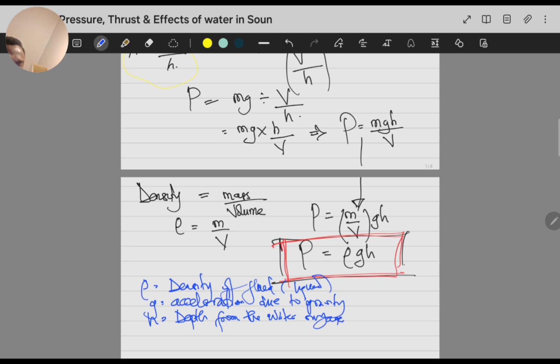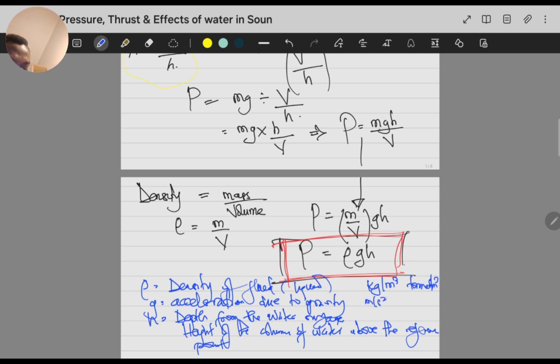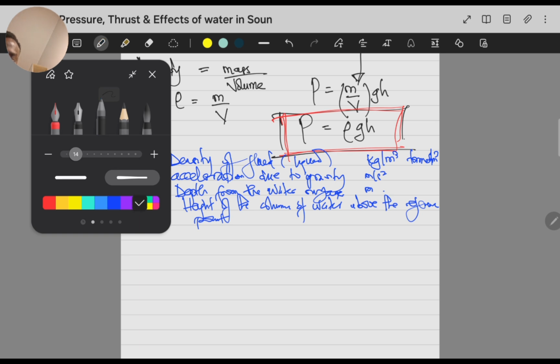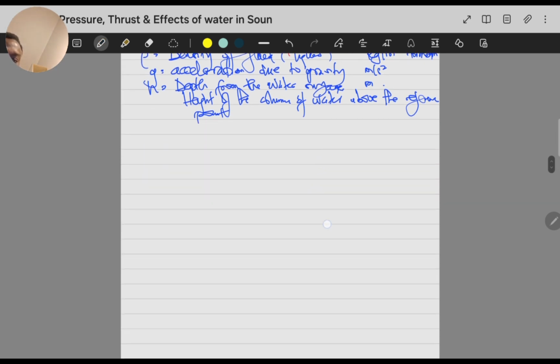Or we can say it's the height of the column of water above the reference point. The density is measured in kilograms per meter cube, or it can also be measured in tons per meter cube. Acceleration is measured in meter per second squared. The height is measured in meter. This is just to show that pressure is rho gh.